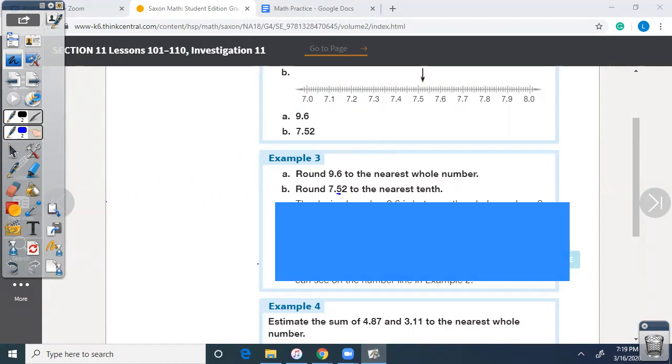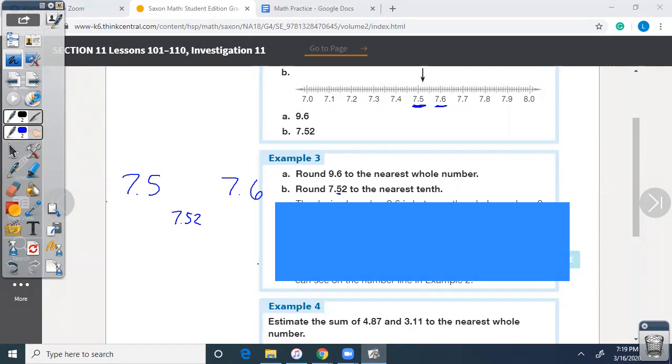So it's either going to be 7.5 or 7.6, because we know 7.52 is in the middle of those two numbers. Okay, if you don't know that, you can look up here, right? 7.5, 7.6, 7.52 is in between those two numbers.